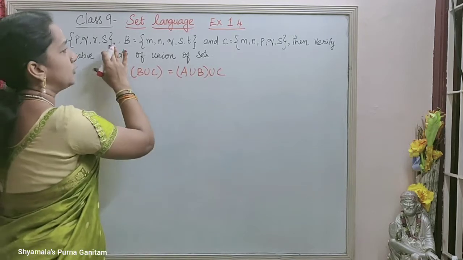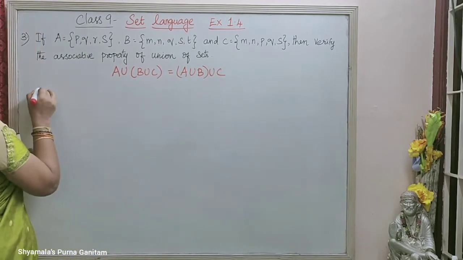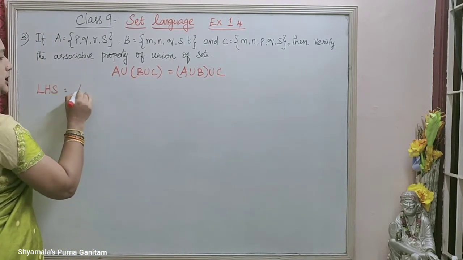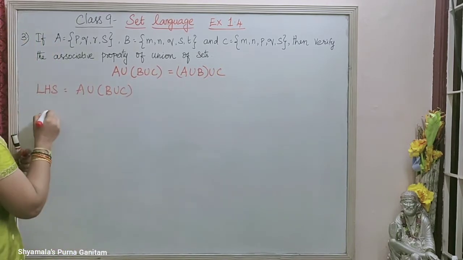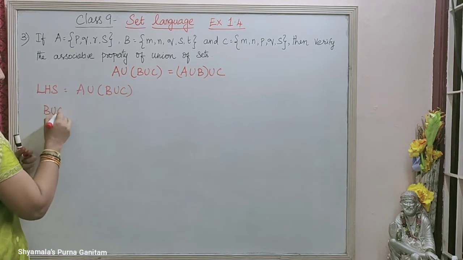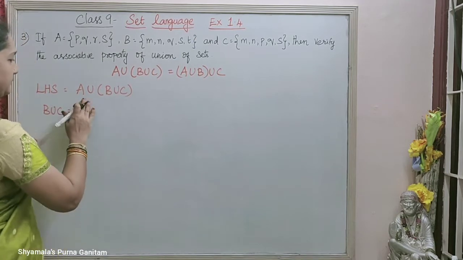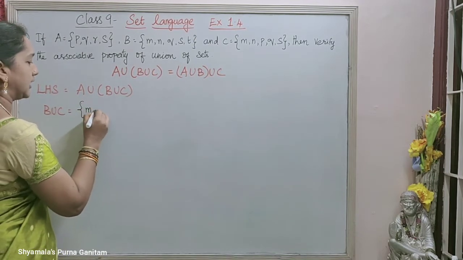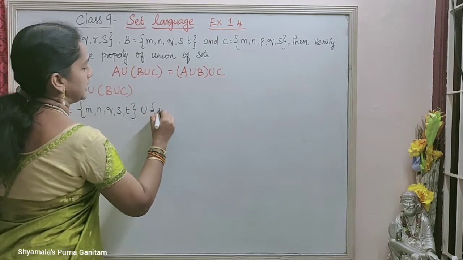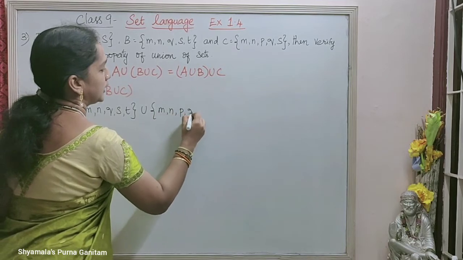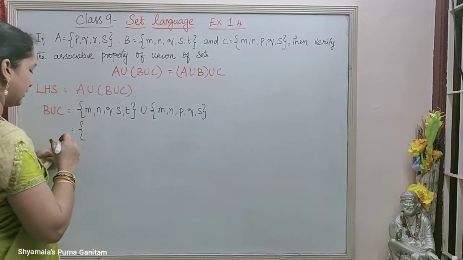So we have to prove that for the given sets A, B, C, LHS is equal to RHS. First we will take LHS. LHS is A union (B union C). First we will find B union C. Set B is {M, N, Q, S, T} and set C is {M, N, P, Q, S}.